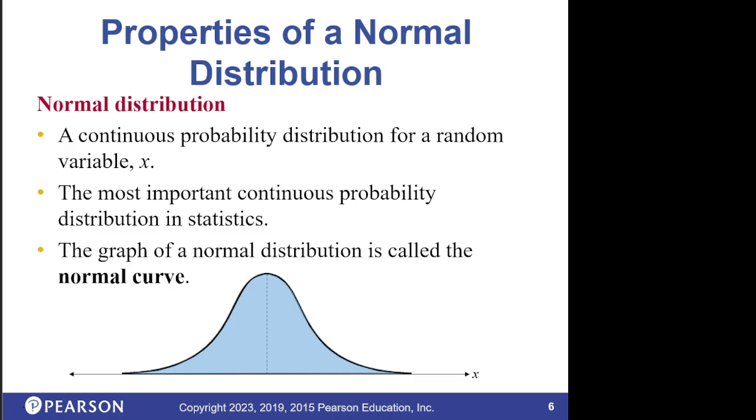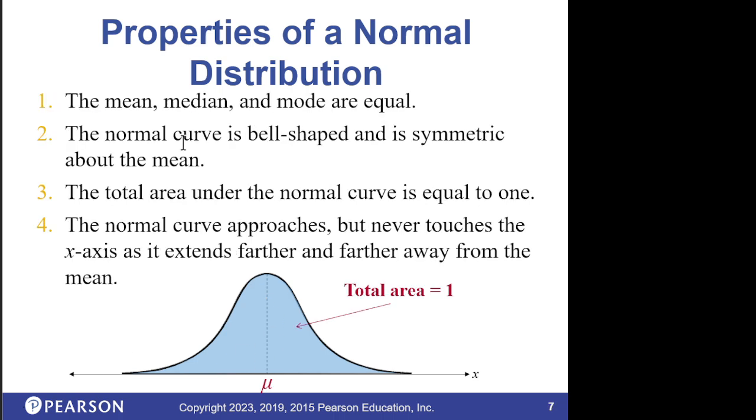And so some properties of how things are spaced out in this distribution: the mean, the median, and the mode are equal. The curve is bell-shaped and symmetric about the mean, and the total area under the curve is 1. So if we think of coloring in the blue area, it's going to be 1. And that relates back to probabilities. Probabilities of 1 are 100% guaranteed.